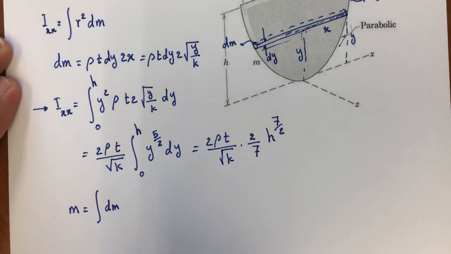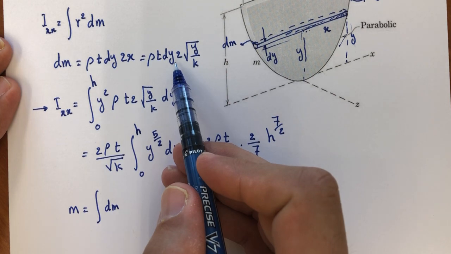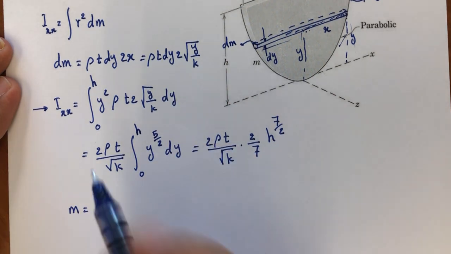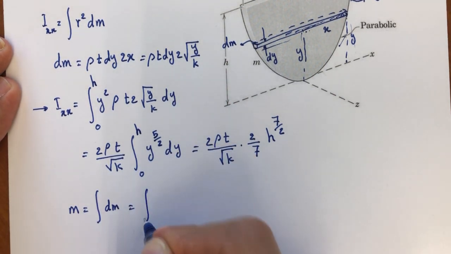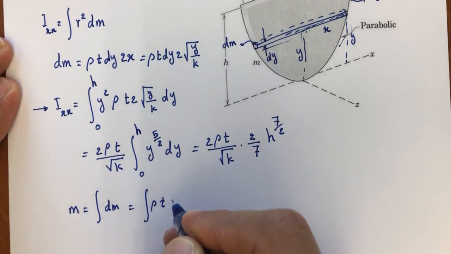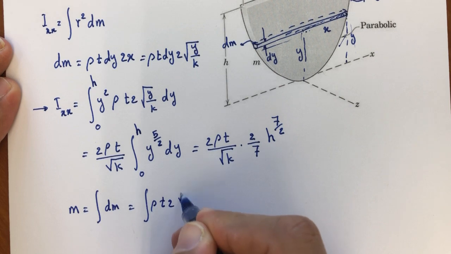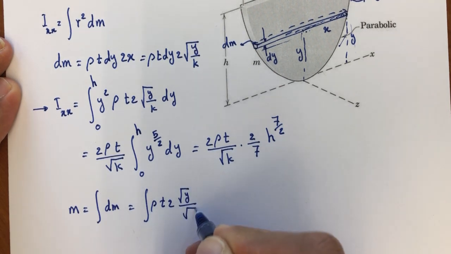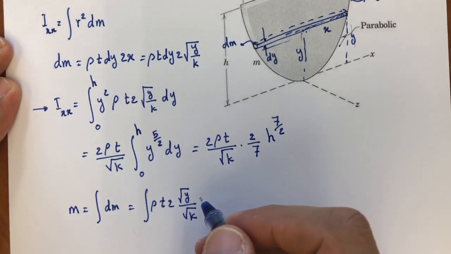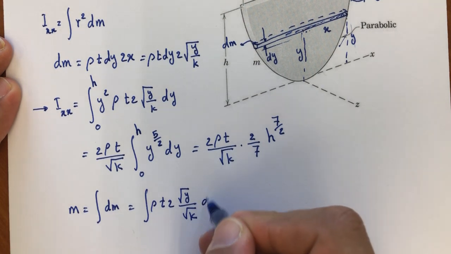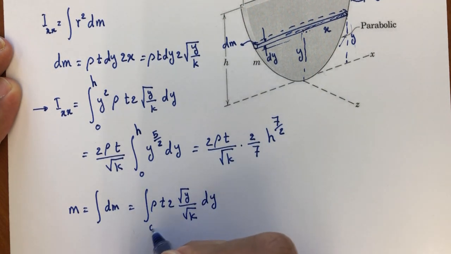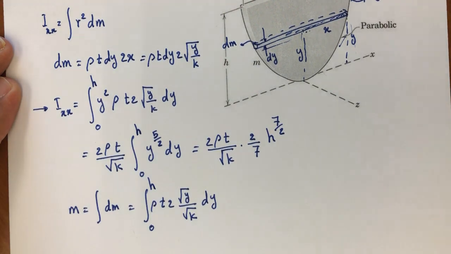This is trivial. And we have an equation for dm. If you put that here, rho times t times 2 times square root of y over square root of k, times dy, when y goes from 0 to h.